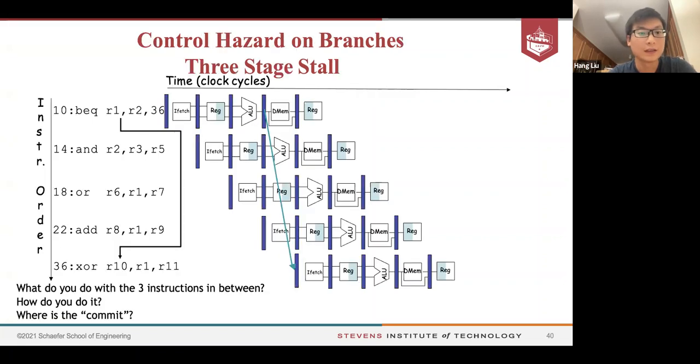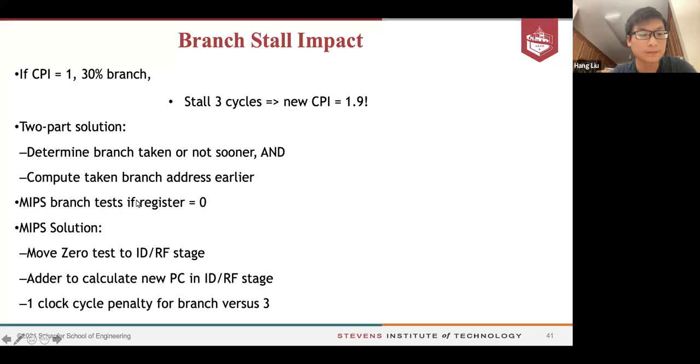For instance, the taken instruction address is 36. So we know it's either PC equals 14 or 36, right? MIPS uses branch tests. So you calculate the branch instruction, like BEQ. We calculate the equality first and then use that to specify the branch instruction. So the penalty of a branch instruction is lower.